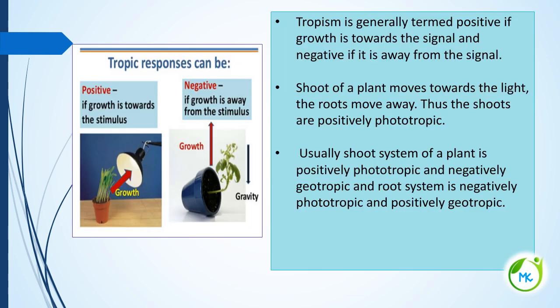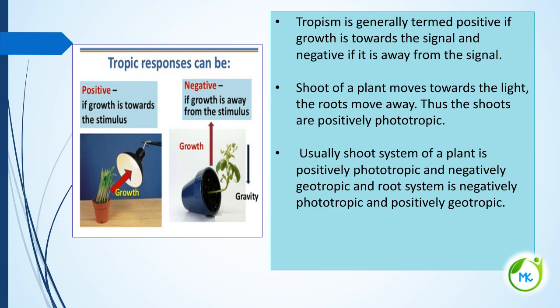So we have seen the 5 different kinds of tropic movements, namely phototropism, geotropism, thigmotropism, hydrotropism and chemotropism. And we have to know what are positive and negative tropic movements.